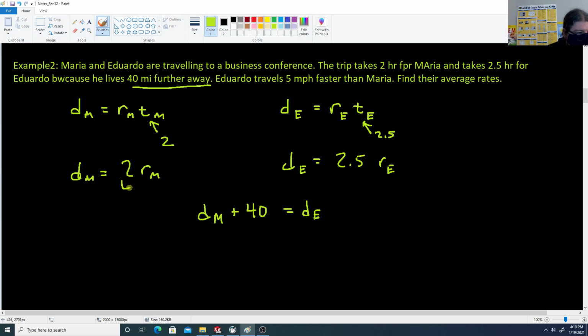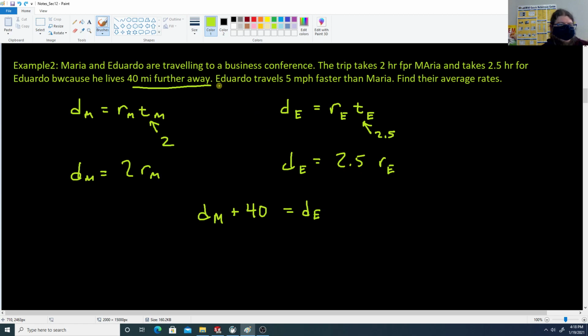And now we can say 2RM is going to plug in for Maria's distance, and 2.5RE is going to plug in for Eduardo's distance. And we have a problem here, because if I do that, then I get RM here and that equals RE there. So I need to plug in for something else before I totally substitute in.